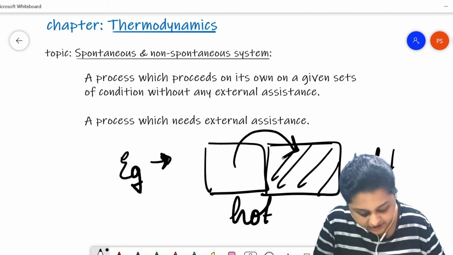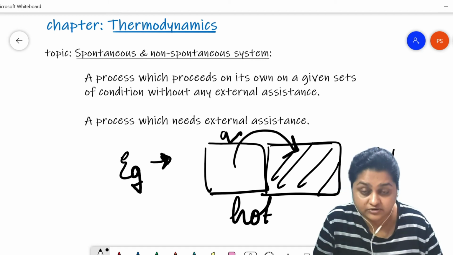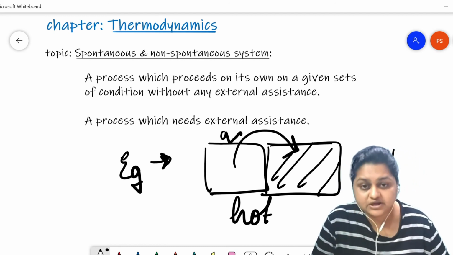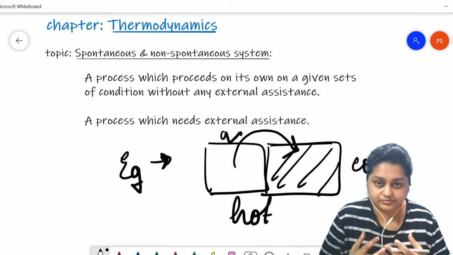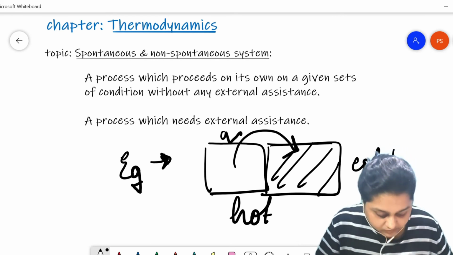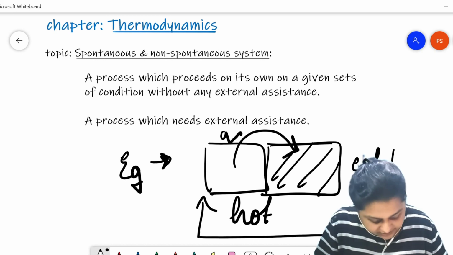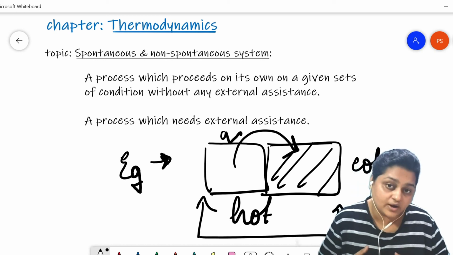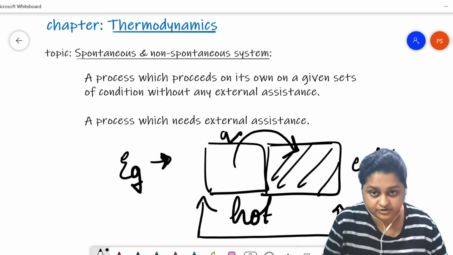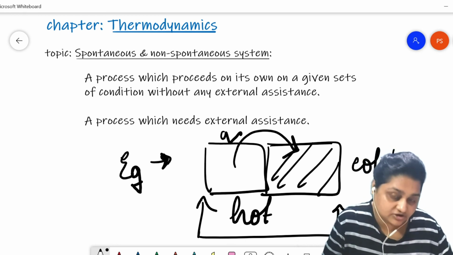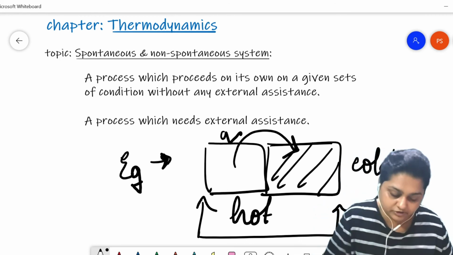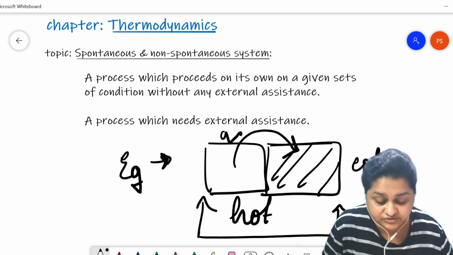Heat starts to flow from the hotter body to the colder body until the two bodies reach an equal temperature. This entire process happens spontaneously. We do not need to give any external help for this process to occur. This is an example of a spontaneous process.